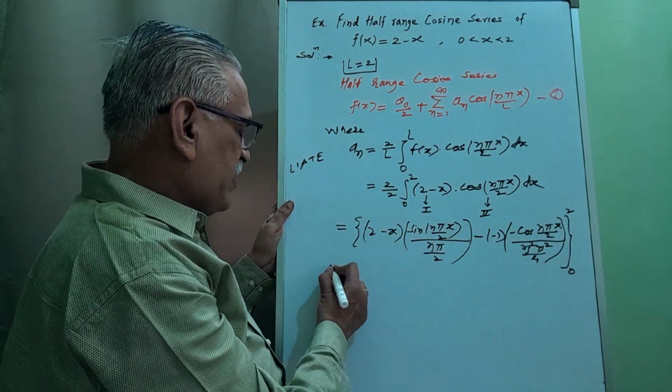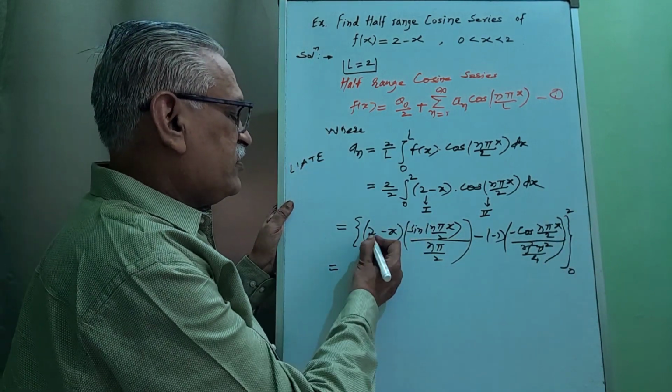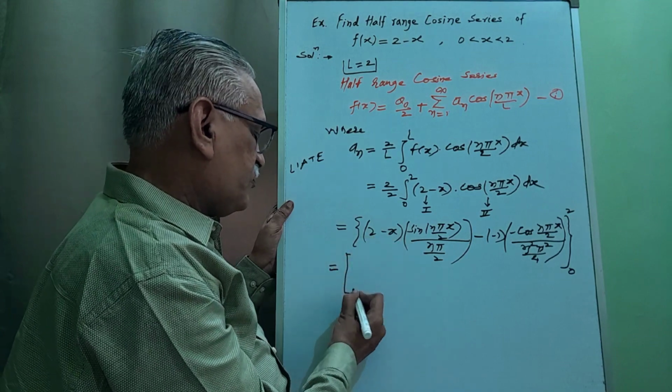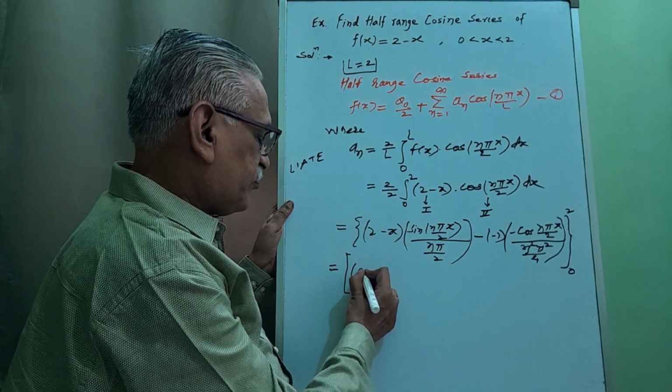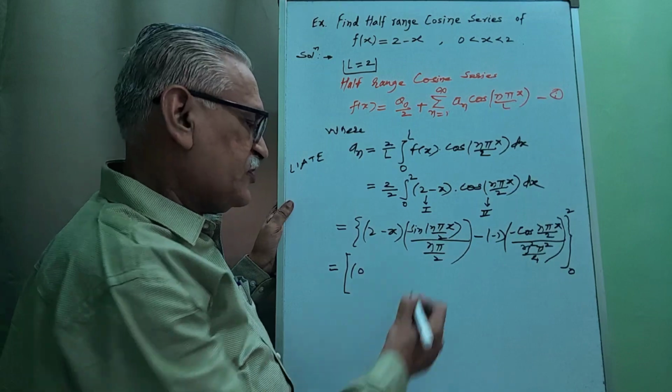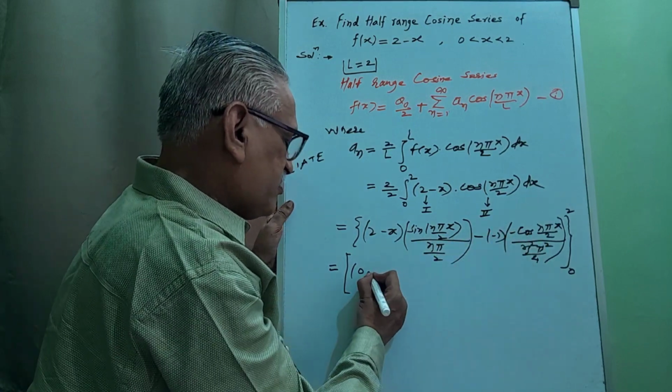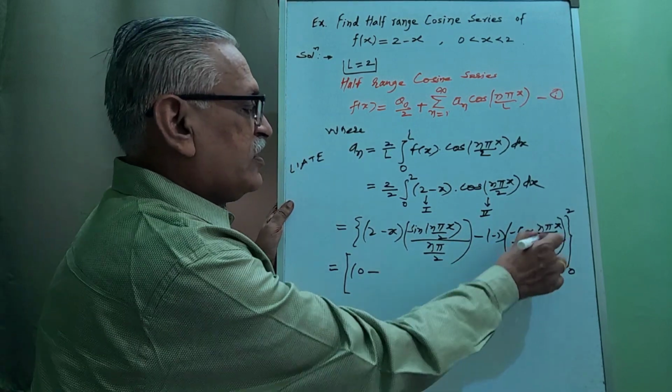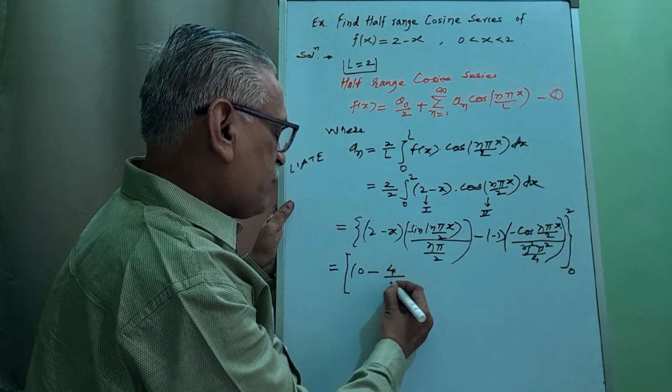Substituting the upper and lower limits, we get 2 minus 2 as 0, minus the second term, which is 4 by n square pi square.